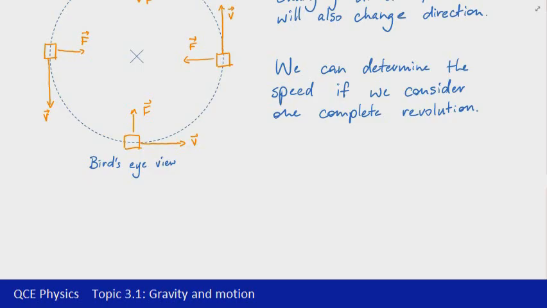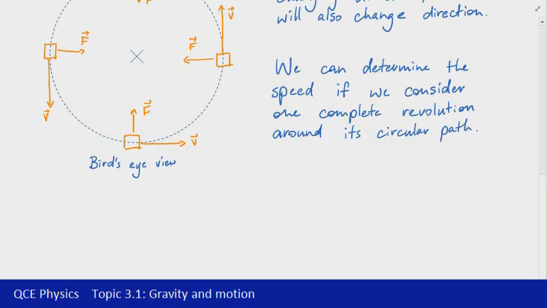So just be aware of those two different terms whenever we come across a few questions, given that those two terms can have very different effects depending on whether you're considering the rotation or the revolution of an object.